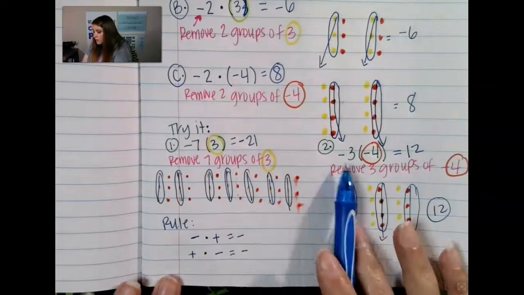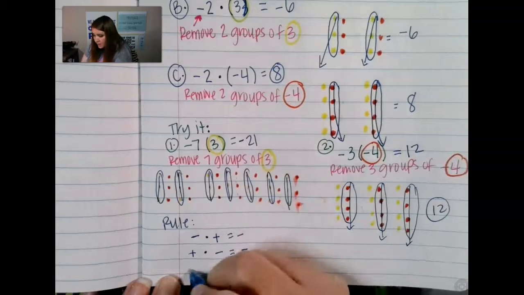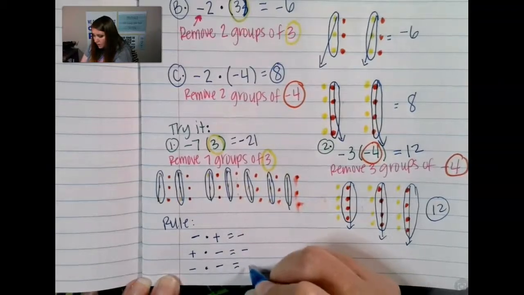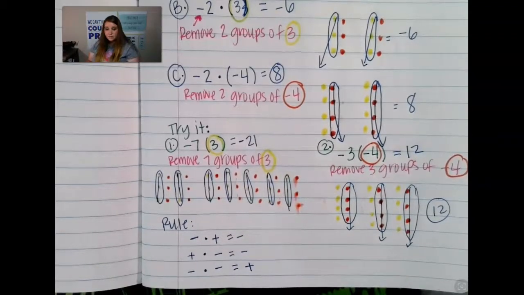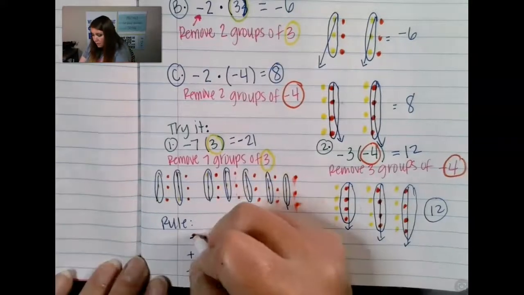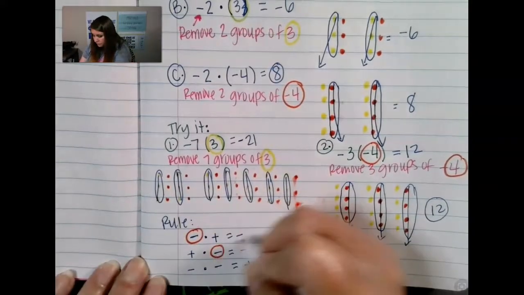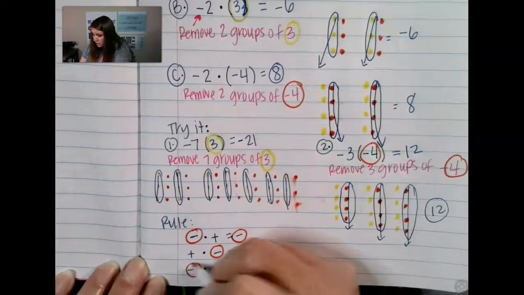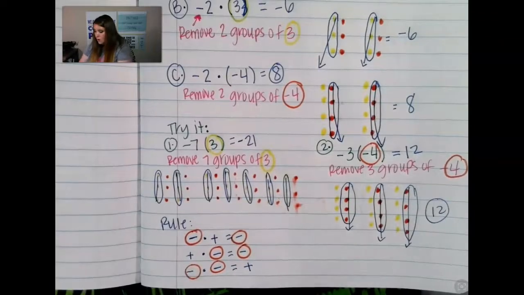So I know when I have a negative times a negative, I will end up with a positive. So go ahead and write the rule out so that you have this rule with you later on in life.